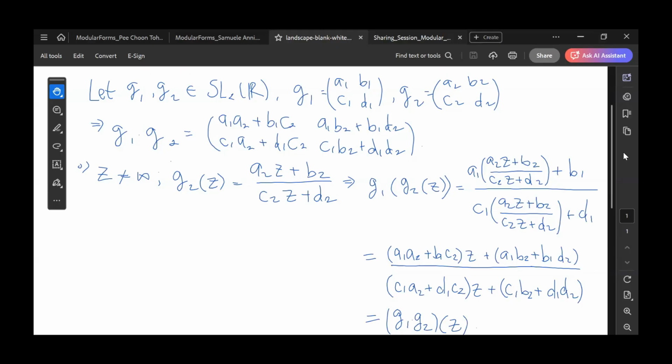So we have proved that g1 composed with g2 of z is equal to g1 times g2 of z.